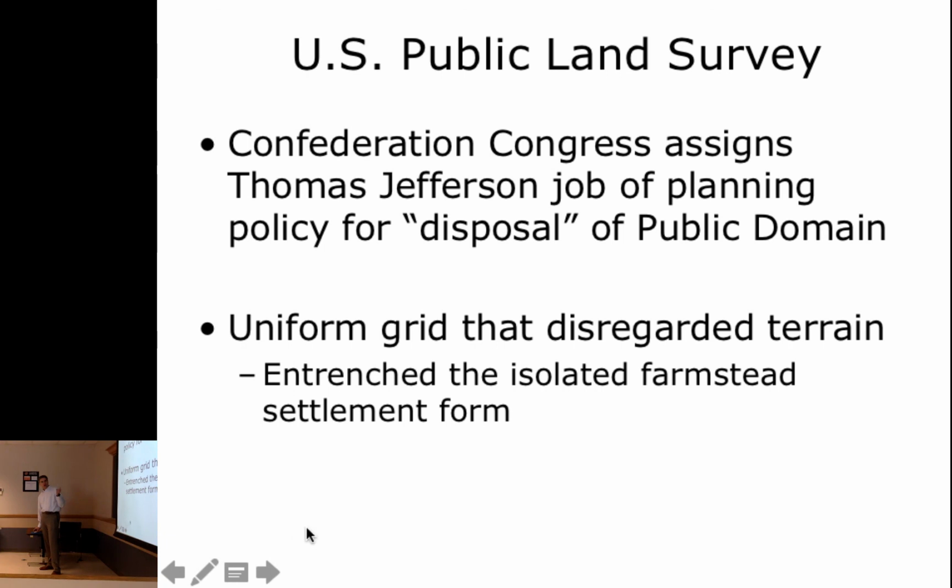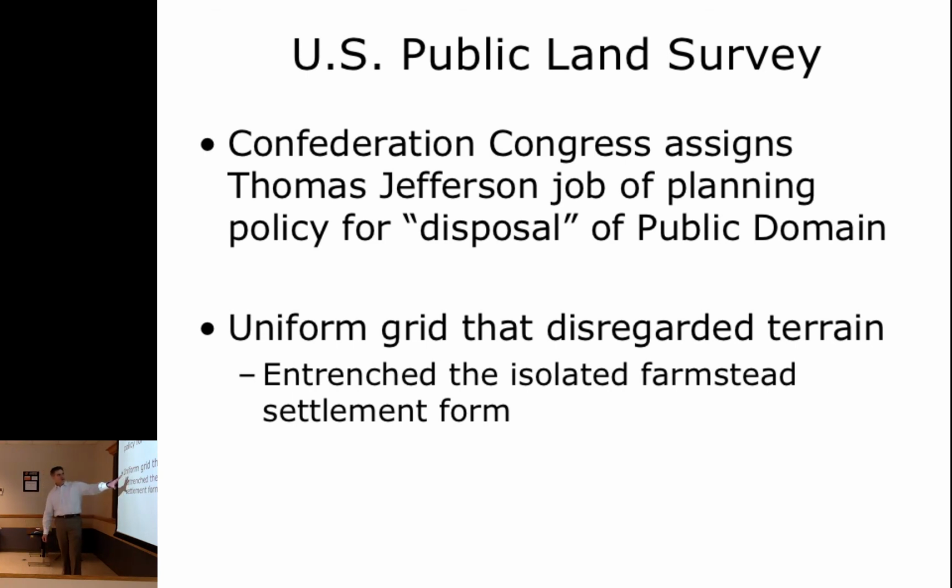So here's one of those cognitive dissonance aspects of the United States Public Land Survey, or as it's sometimes referred to, the Public Land Survey System, PLSS. The Public Land Survey System is a way of describing land, describing the legal description of a parcel of land in a completely abstract sense, without any reference to the actual location, the actual makeup of the land, landmarks.